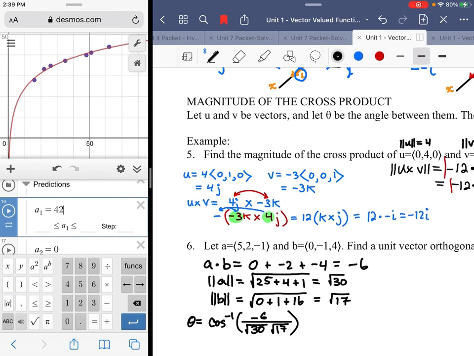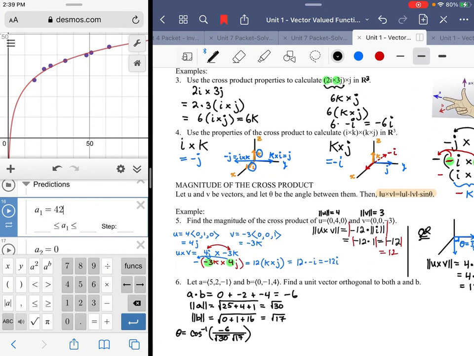All right, so then to figure out theta, I could do this, but then ultimately, if I want to find the unit vector in the direction that's orthogonal to A and B, I need to figure out the cross product between those two anyway. So that's kind of what I'm getting at, is that we could do all this, but it just seems to be the case where it's probably easier to just find the cross product anyway. But I'm going to continue on.